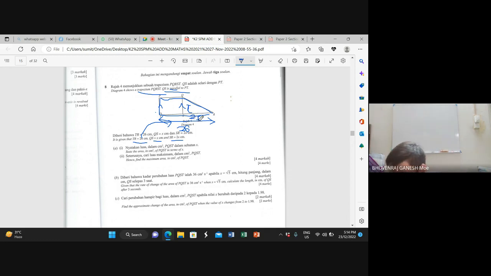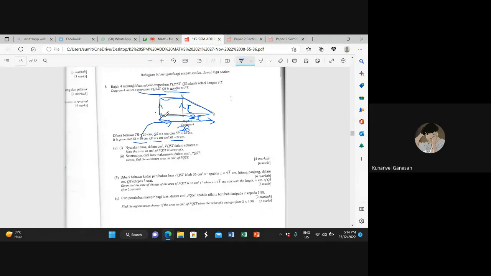Immediately when you see this, what other length can you express, like any side? TS. Yeah, okay, what is it? 26 minus 2x.